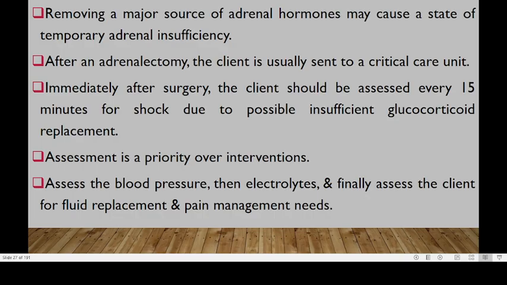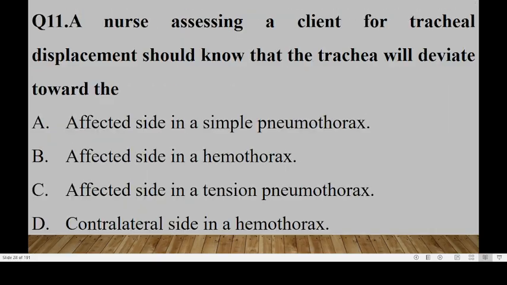So after an adrenalectomy, the client is usually sent to a critical care unit. Immediately after surgery, the client should be assessed every 15 minutes for shock due to possible insufficient glucocorticoid replacement. Assessment is a priority over intervention. You need to assess the blood pressure, then electrolytes. Finally, you assess the client for fluid replacement and pain management needs.